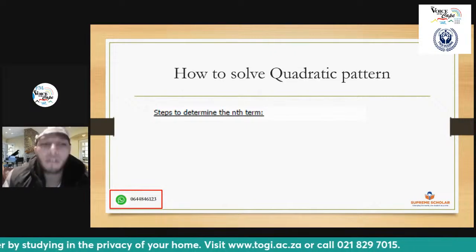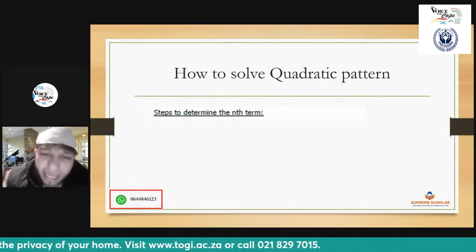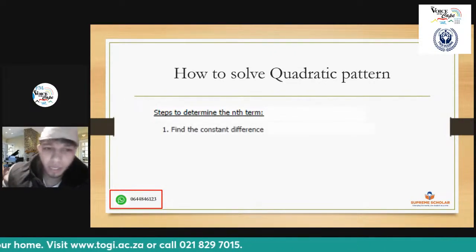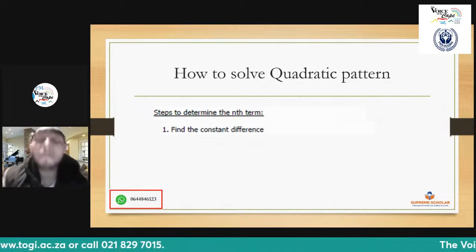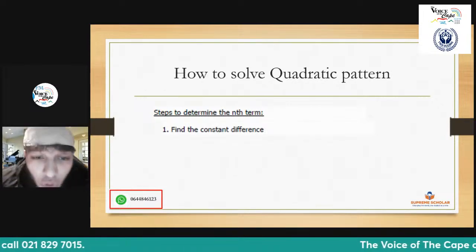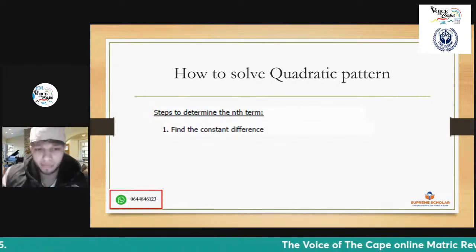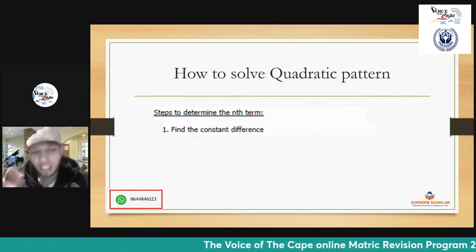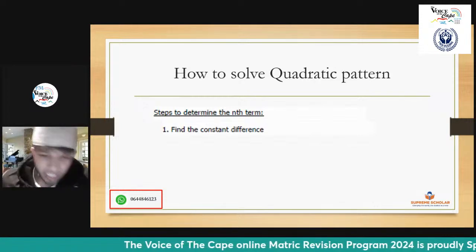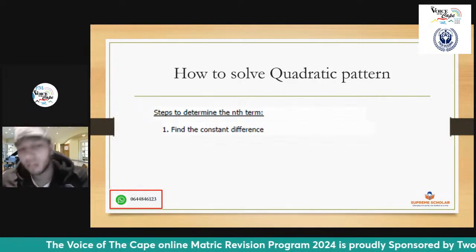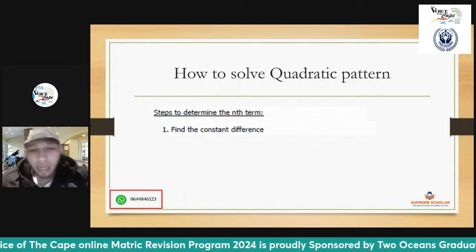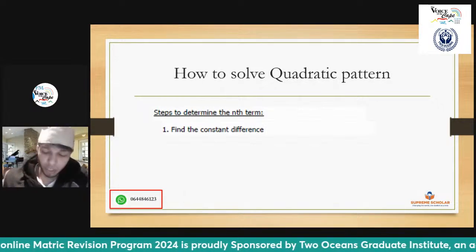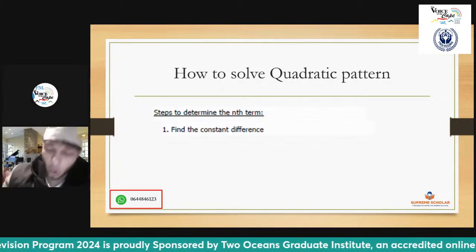Right? So, steps to determine the nth term, meaning the general term. Now, the first thing that you have to find is your constant difference. Alright? Second term minus first term, third term minus second term, fourth term minus third term, and so forth. And that's what you do as you go along, right?